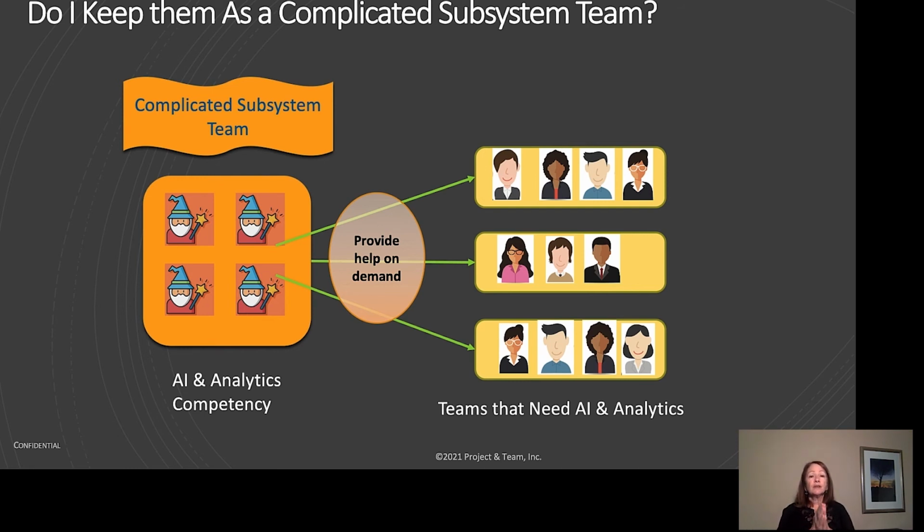Now this can be a very good model. Where it goes wrong is I've often seen in large organizations, they will cordon off this set of specialists and say, in order to get analytics help, you have to submit a ticket through our support system and request this help.